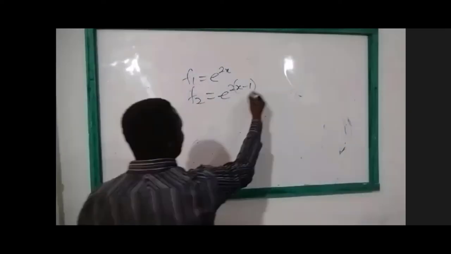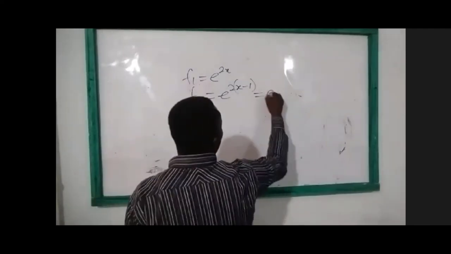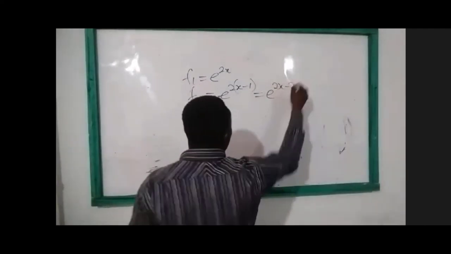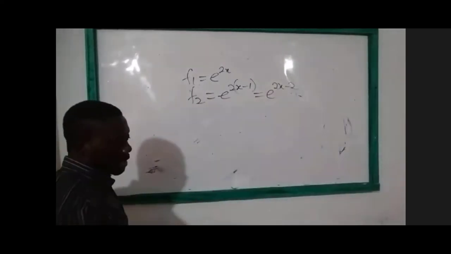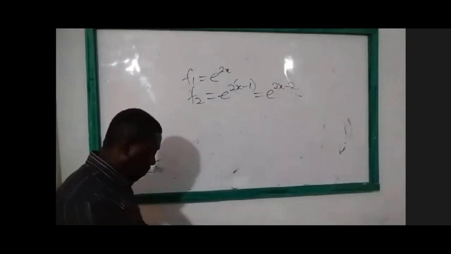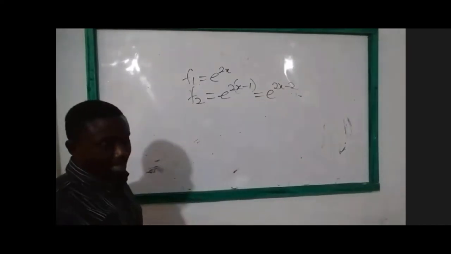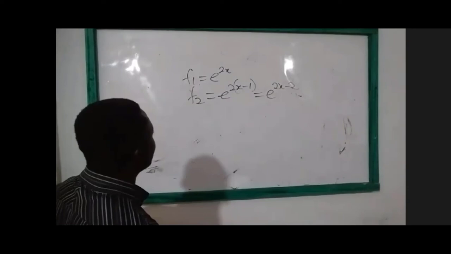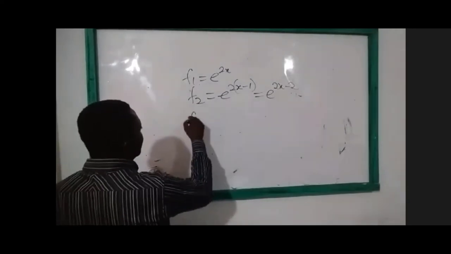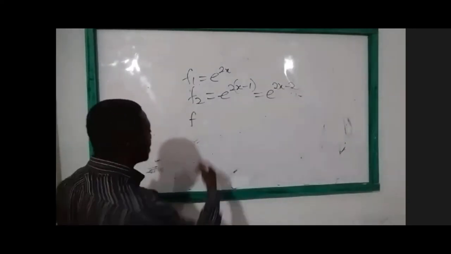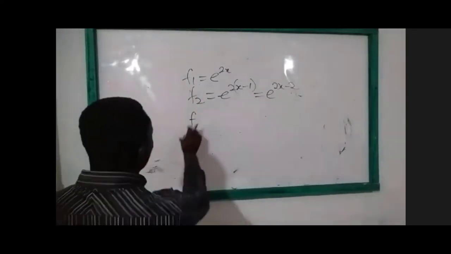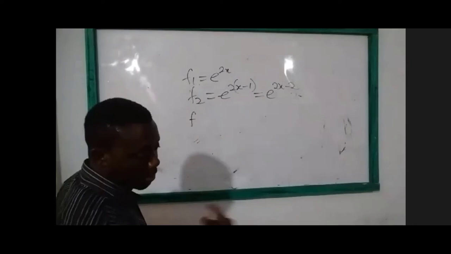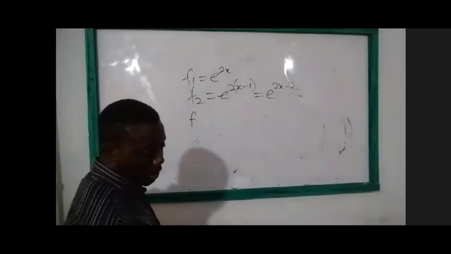And as I said, remember, we can expand this. It can be x exp(2x) minus exp(2x). So this is the same as this. Yes, so we are looking at trying to make one a scalar multiple of the other. So we still go by the steps. So this is the proof to show how you can express one of the functions as a scalar multiple of the other.